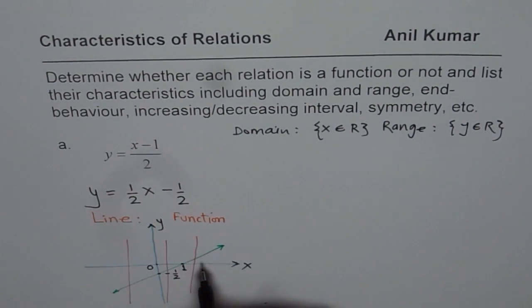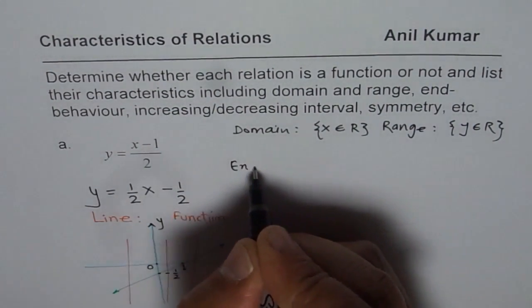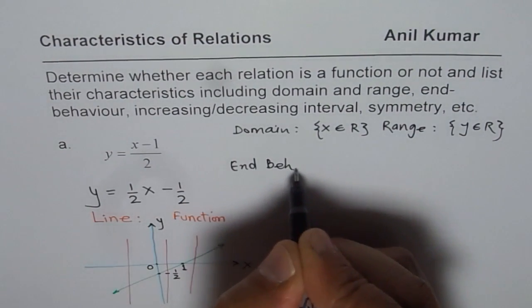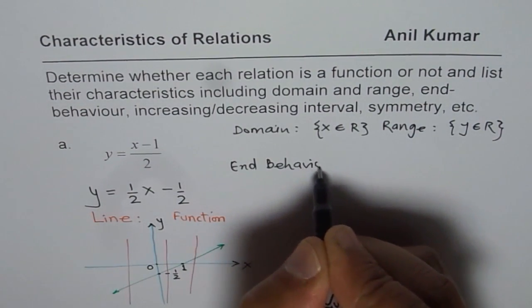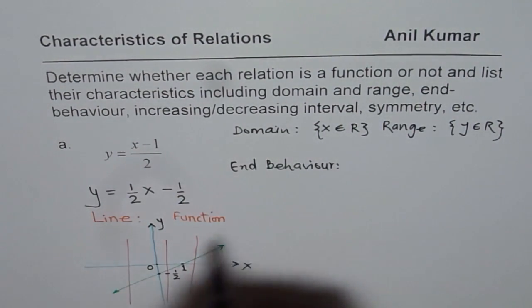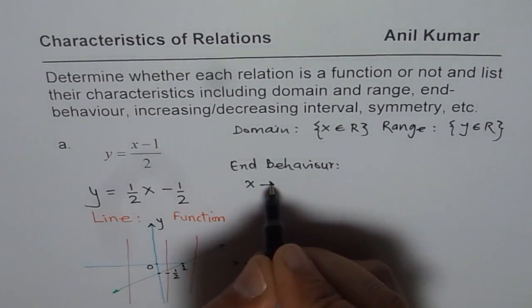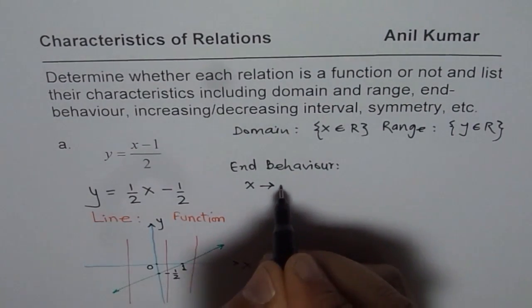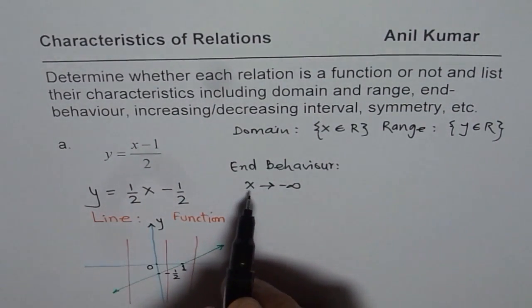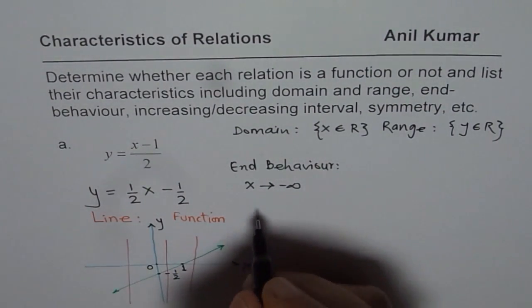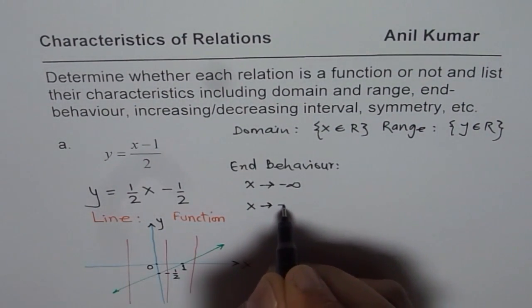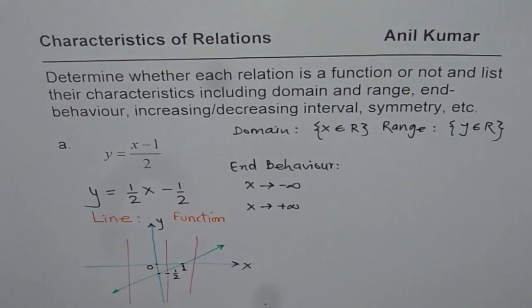Now, another behavior is the end behavior. It is a very important characteristic. End behavior is what happens to the graph of the function as x approaches a large negative value, represented by negative infinity, and what happens when x approaches positive infinity, a large positive value.